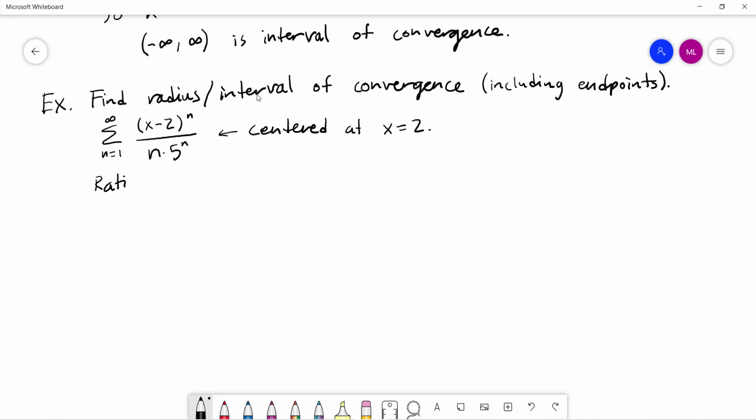The ratio test for this one is going to look like the following. So here is our a sub n.